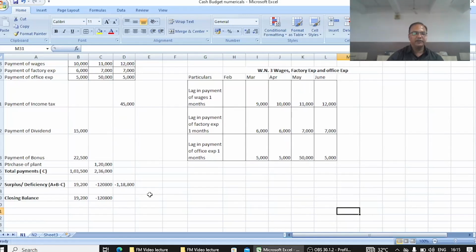This is closing balance. This is the closing balance and this is a deficiency.